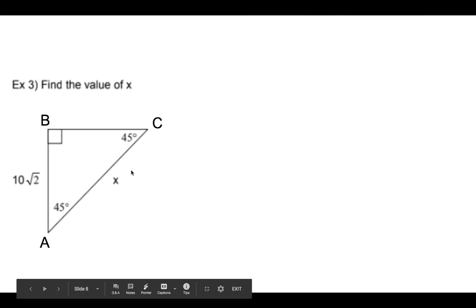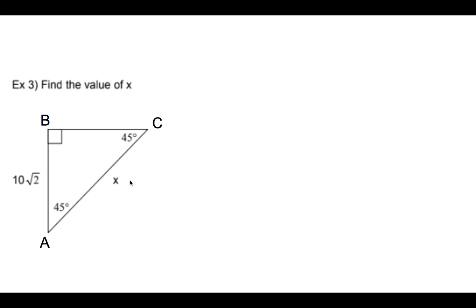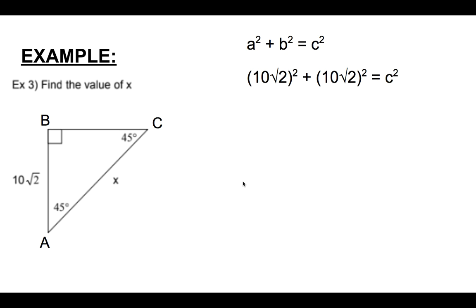In this example, we want to go ahead and find the value of x, so go ahead and try. So what you should have done looking at it is that you know that AB and BC are going to be the same length. So AB and BC are both 10 square root 2. We square both of those values to equal the c squared, which is our hypotenuse. And I'm just going to show you guys, remember 10 square root 2 squared.